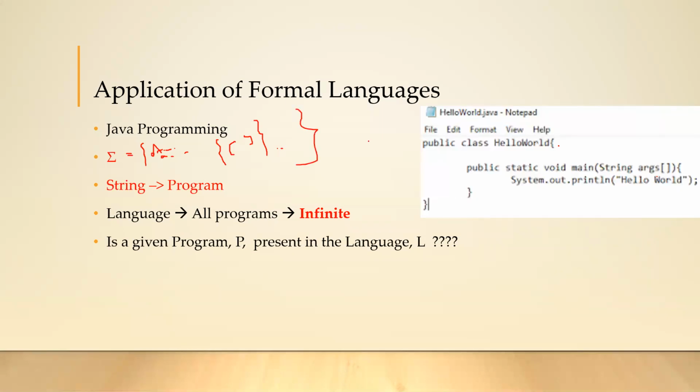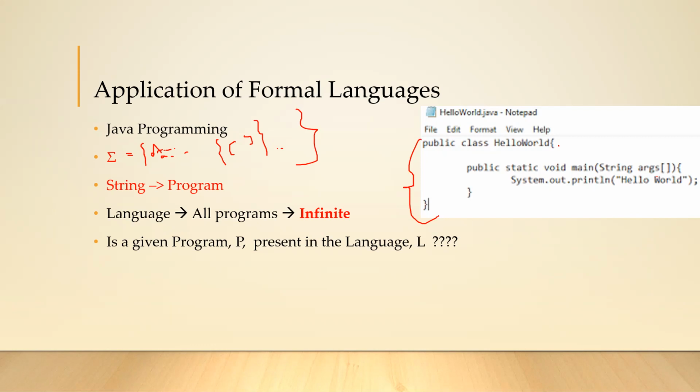Now, each and every program in Java, I can consider to be a string. This hello world Java program, I can consider to be a single string. I can have n number of programs, or an infinite number of programs, which means my Java language has an infinite number of strings.